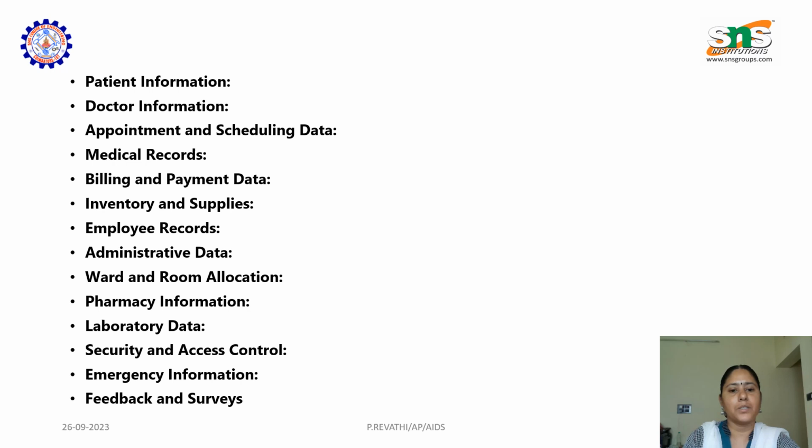Feedback and surveys. Patient feedback and satisfaction survey data. These data types interact and are managed within the hospital management system's database, which helps streamline operations, enhance patient care and improve overall efficiency within the hospital environment.